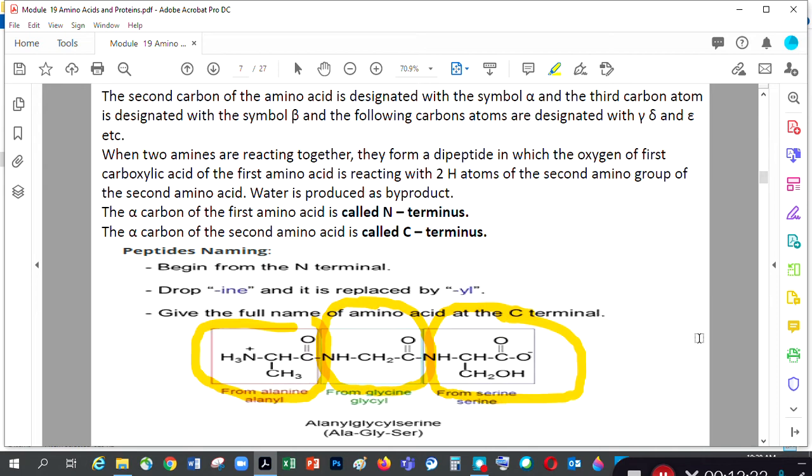We connect them again, making a peptide bond between the first one and the second one, and so on, like what we have seen before.